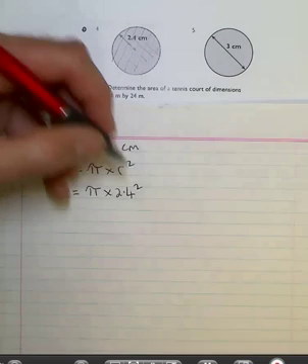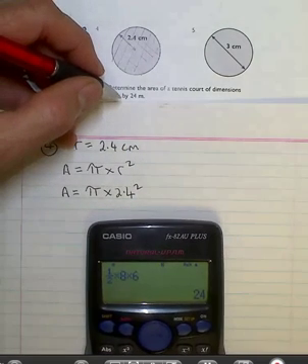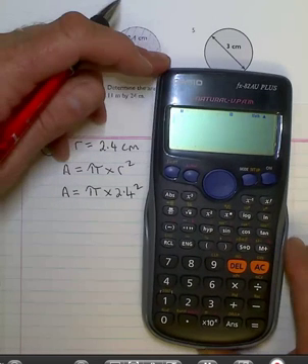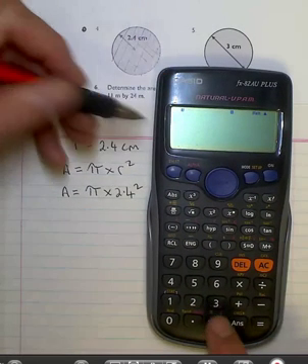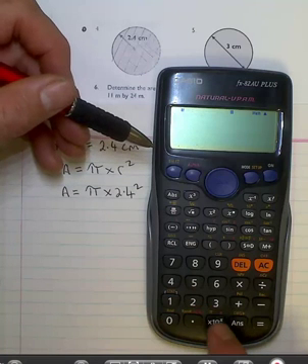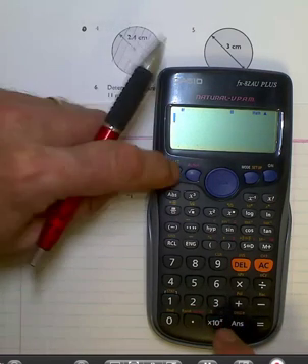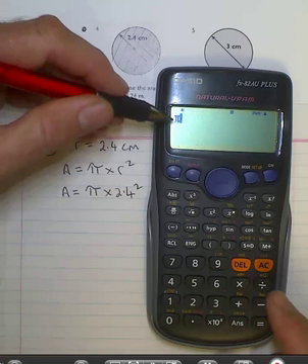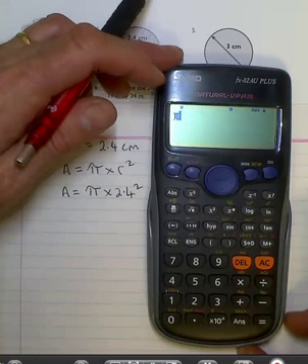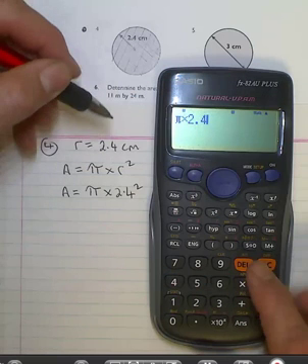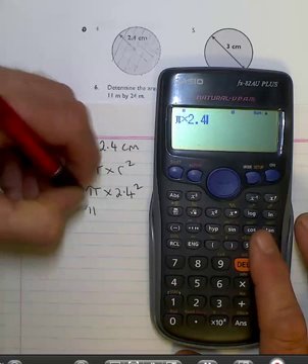Now your calculator can do the hard work for you there. Remember that you find your pi button on many calculators as a secondary key. On the Casio I have here, it's actually above the times 10 button down the bottom. So pi, and the beauty of this is I can see the entry quite neatly, times 2.4. Now this calculator has a square button.